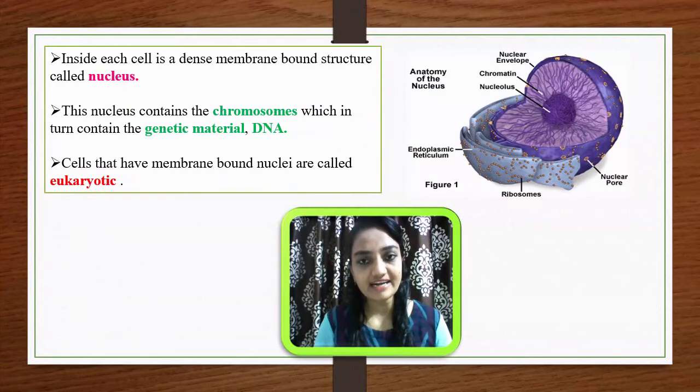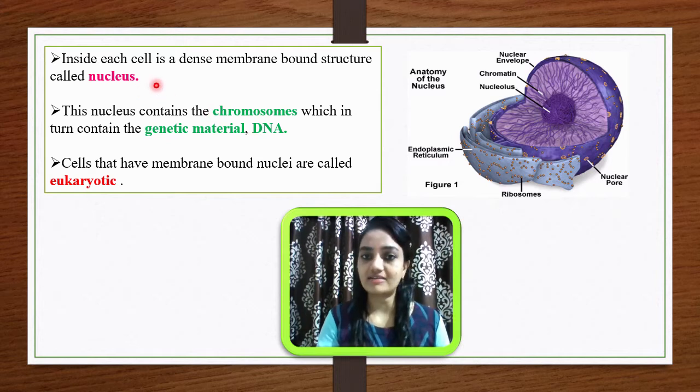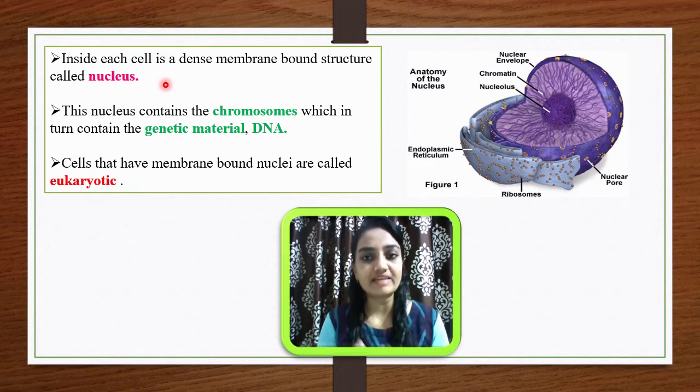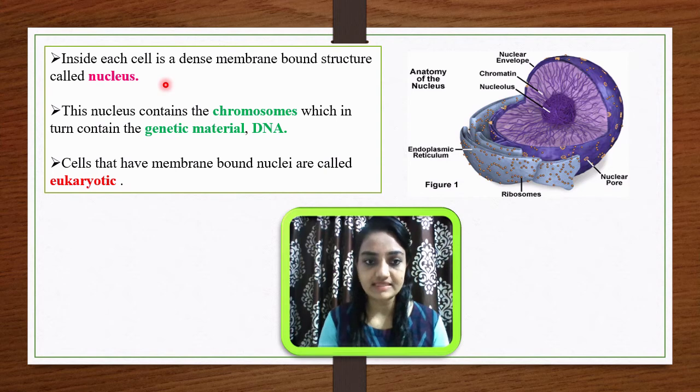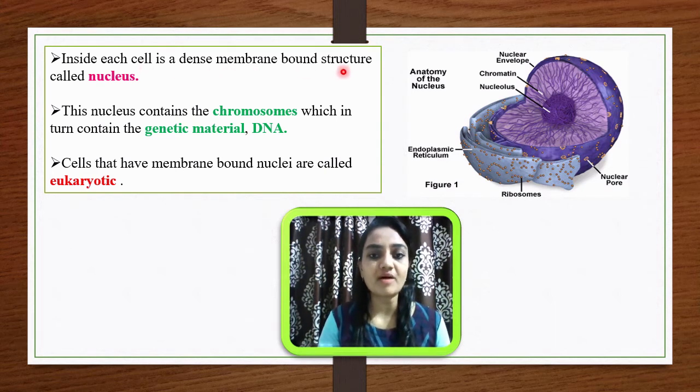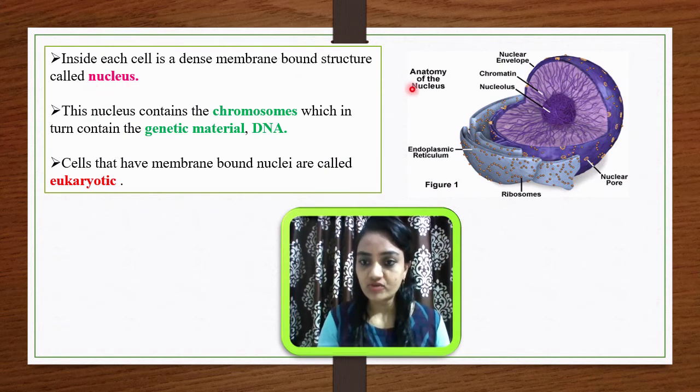Before we start learning in detail, let me summarize all regions of the cell. Whenever you observe any cell, whether plant or animal, a dense membrane-bound structure is observed in the center of the cell, and that is the nucleus. The nucleus contains chromosomes made up of DNA, which carries the genetic material.